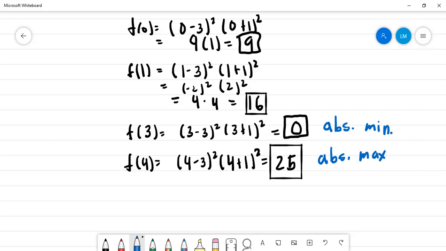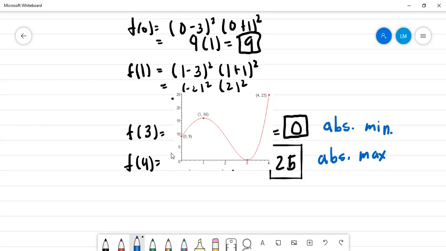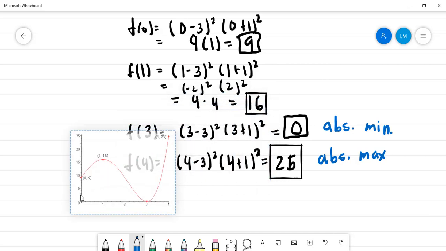Okay. Now there is a way to check and see what this looks like. So I'm just going to go here. Here's a graph of the equation that we just looked at.